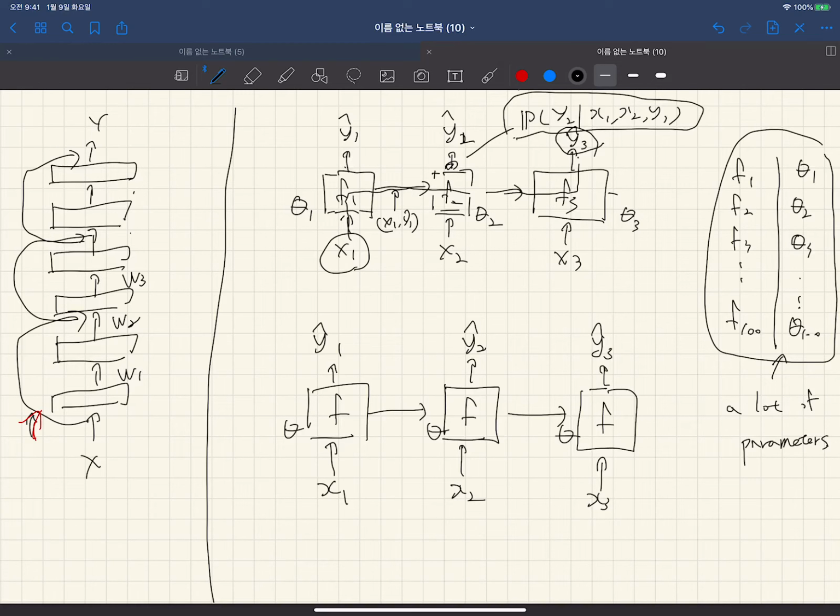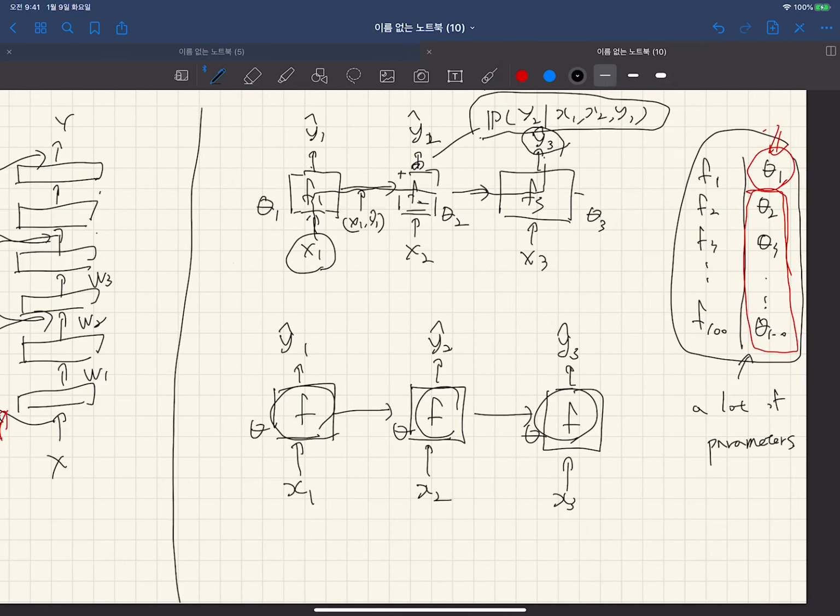When you reuse the same recurrent unit all the time, then you don't need to define all this part. You just need to have theta. From this, you can save a lot of parameters. So this is the recurrent neural network idea.